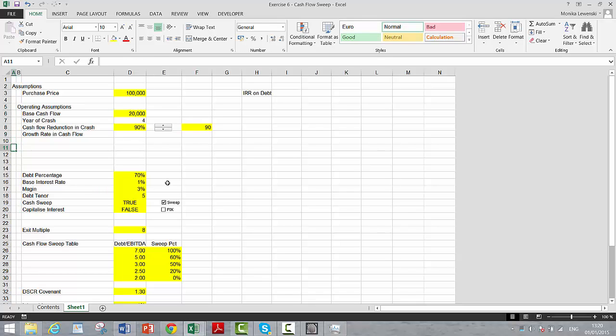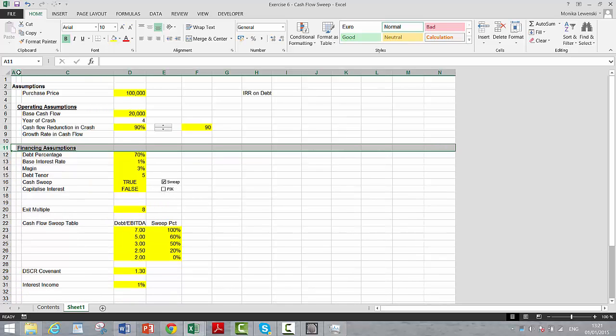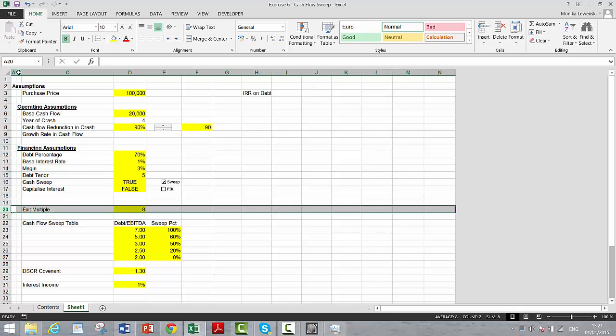And then we have some financing. The structure of the model starts with the assumptions. We have this exit multiple, where that should go.